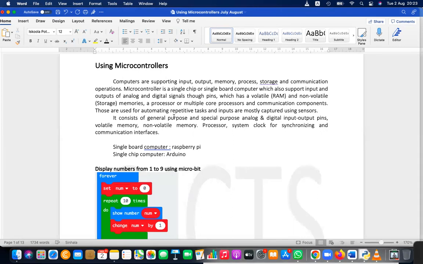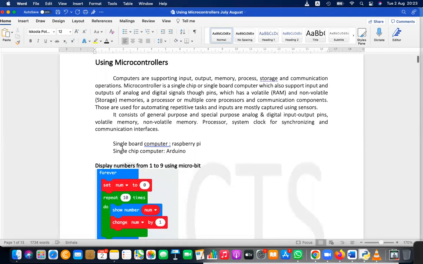Okay, using microcontrollers. So we just learned microcontroller. A microcontroller is a single board or single chip computer, which is actually a small computer, right? The speciality of these microcontrollers is that they basically work by sensing the environment, unlike computers.